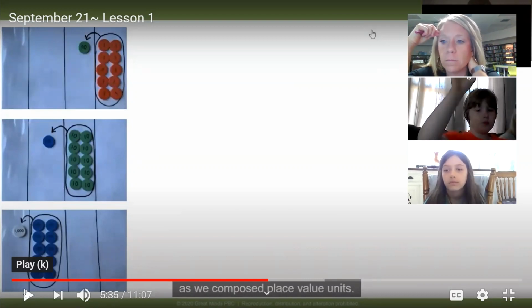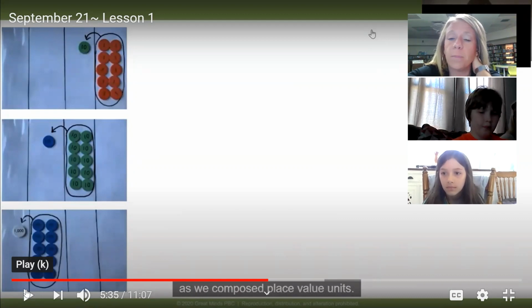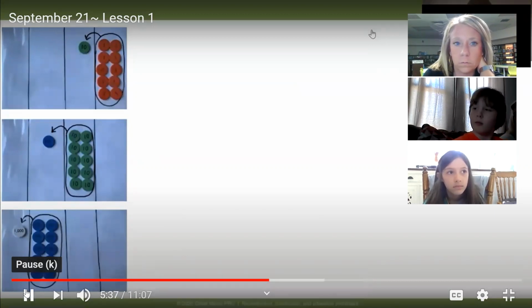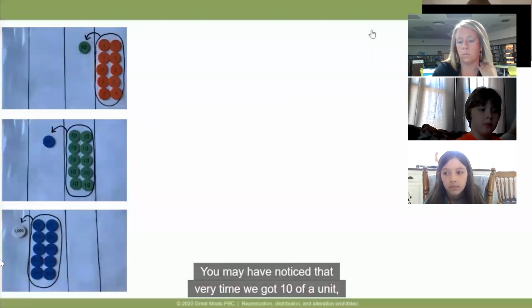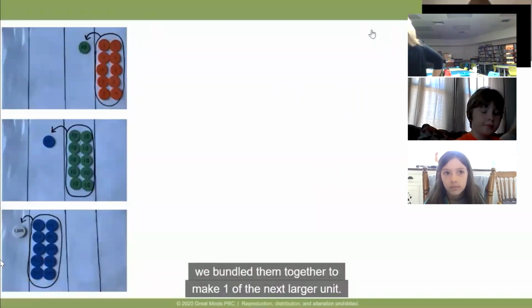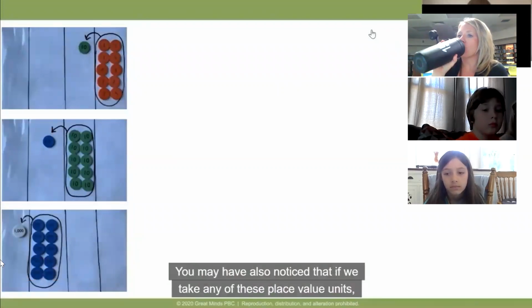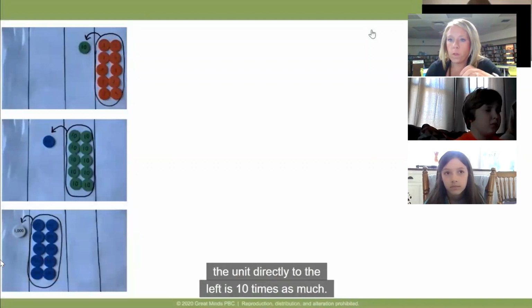Seth? 10 times. But by 10, very good. So that should show you that in a place value chart, every place is 10 times bigger than the one before. You may have noticed that every time we got 10 of a unit, we bundled them together to make one of the next larger unit. You may have also noticed that if we take any of these place value units, the unit directly to the left is 10 times as much.